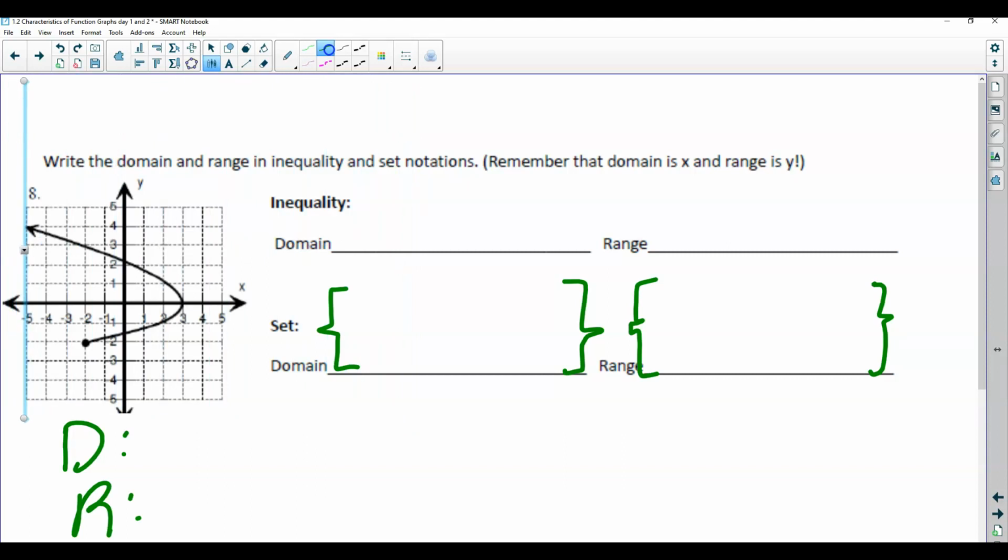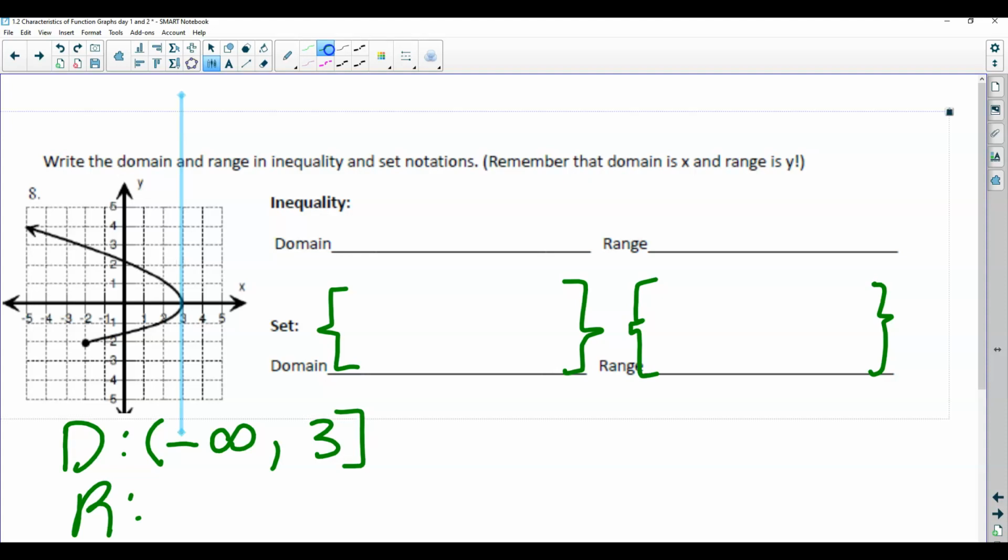So we know it starts with -infinity. As I move all the way over, this graph stops on the 3, and y'all, that's a bracket. If you don't see an open circle, understand for it to include the number. So this is going to be -infinity with a 3 and a bracket. So that's going to be your domain.